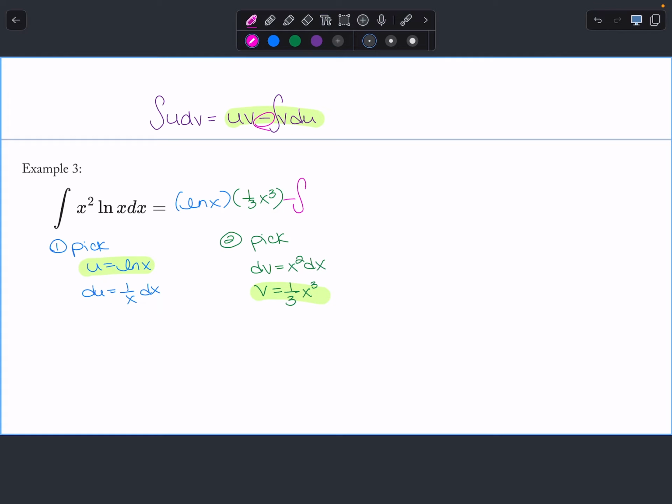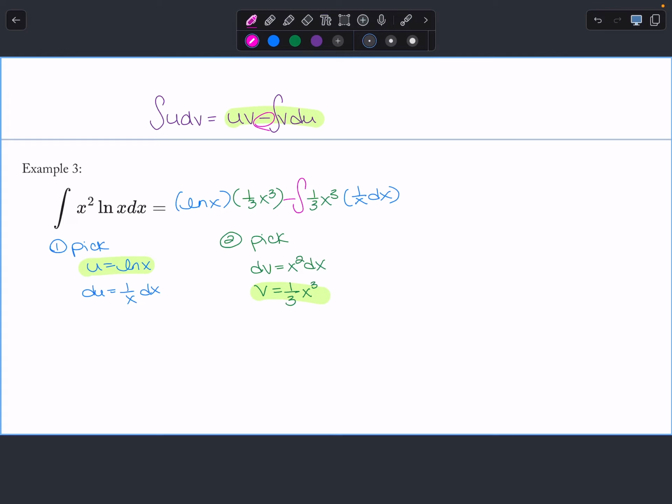Antiderivative of v, which is 1/3 x cubed, and then du, which is 1 over x dx. Yes, Levi. Yeah, you'll ignore doing plus c until the very end. That's a good question.